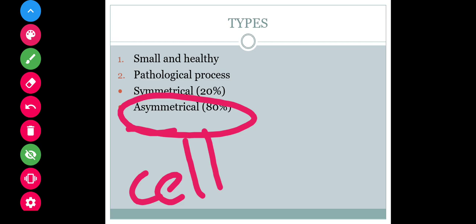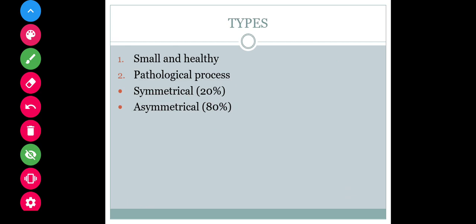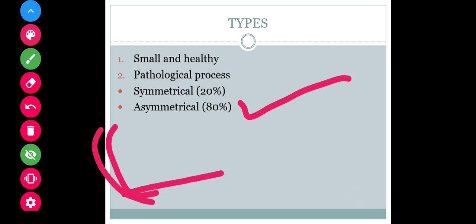Fetal size is reduced due to decreased uteroplacental blood flow to the baby. In symmetrical, the cell number is less or there is a chromosomal abnormality, but in asymmetrical, placental blood going to the fetus is less, restricting the transfer of oxygen and nutrients to the baby.